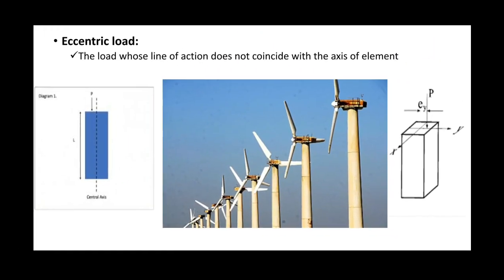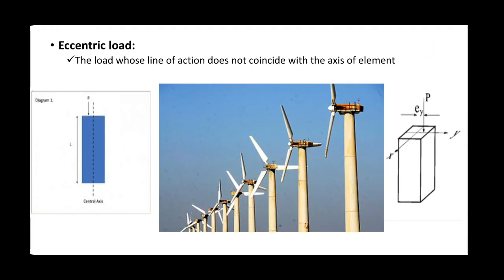So see, the second figure is what? You know, the windmills. Everyone has seen windmills. The windmill has some blades. Those blades are mounted on a rotor. At the top side there are 3 blades, and those blades are mounted on one rotor, and that rotor is again mounted on one column.